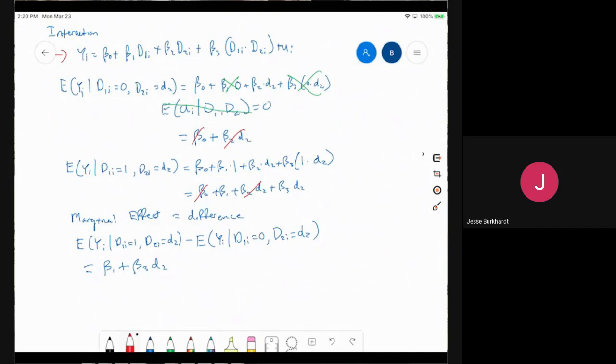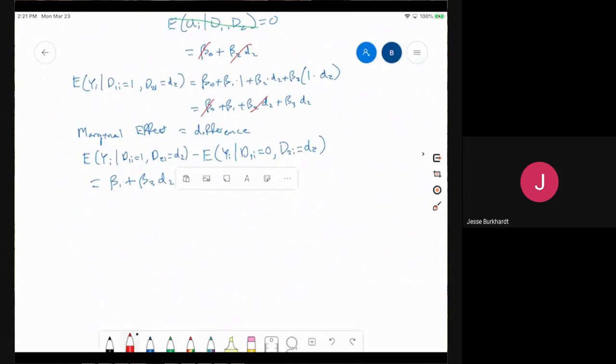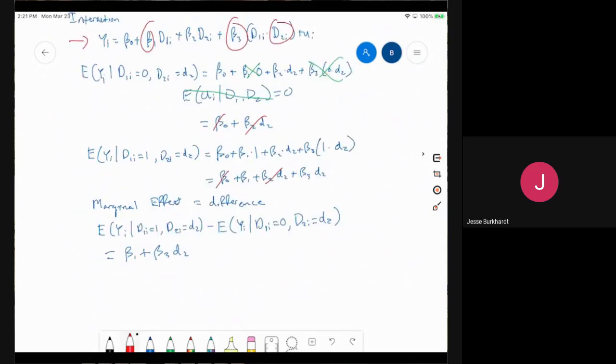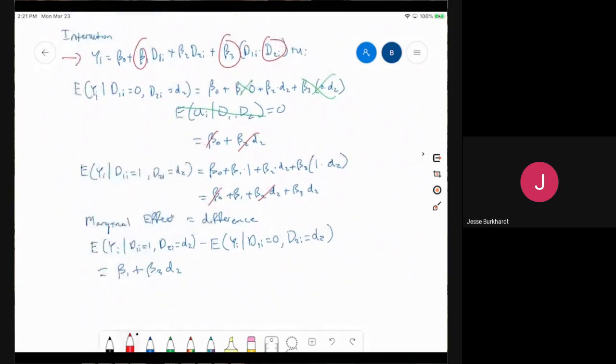So we'll have the coefficient here plus the coefficient on the interaction term times the variable that it's interacted with. So this says if d1 is education, the marginal effect in this interaction model is dependent on d2. So the effect of education is dependent on a person's gender.